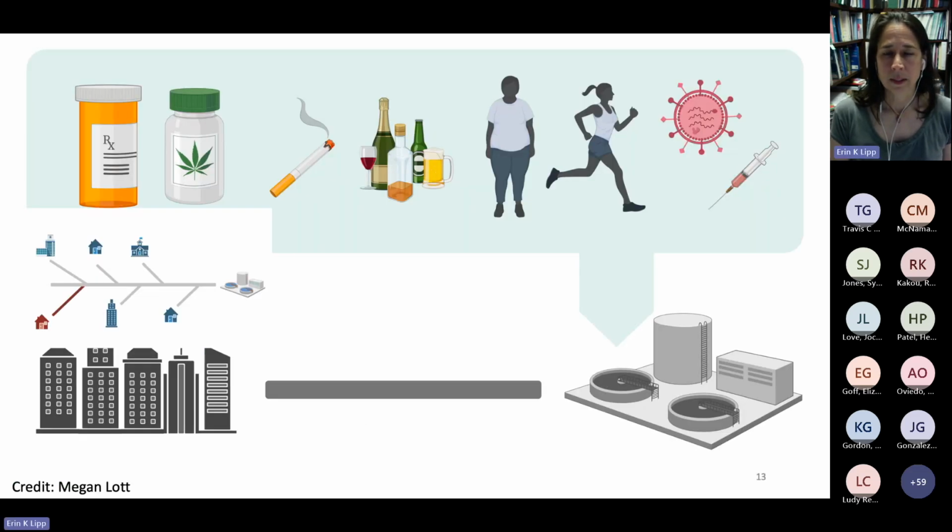So when we talk about wastewater-based surveillance or wastewater-based epidemiology, this is just a graphic to show what we're looking for. Again, we can find lots of things: prescriptions, illicit drugs, diet, consumption patterns, infectious agents. And when you look at what's happening in a wastewater treatment plant, you can think of it in a couple of levels. One way to look at it is in this little inset on the left here.